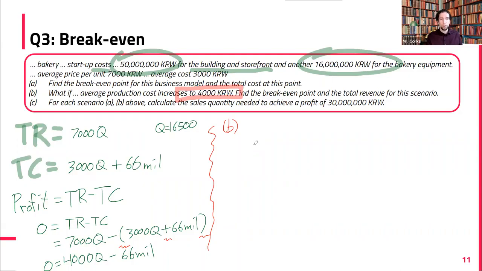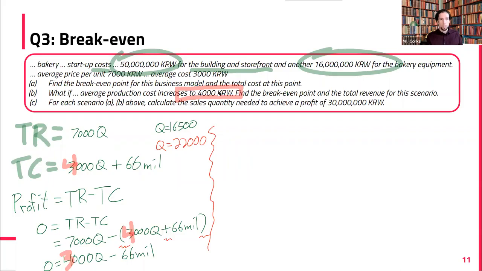So the new variable cost is 4,000, not 7,000. So 4,000 Q and then dot, dot, dot, that turns into a 4, that becomes a 3, and then our solution, the Q value, was something different. I think it was 22,000 in this case. Okay, so that's B. So just basically do the question again, but change one number.